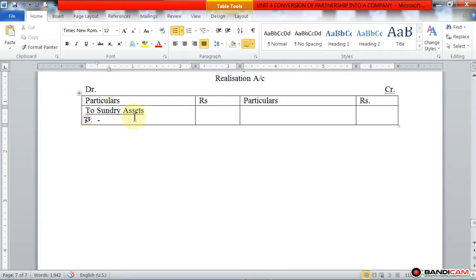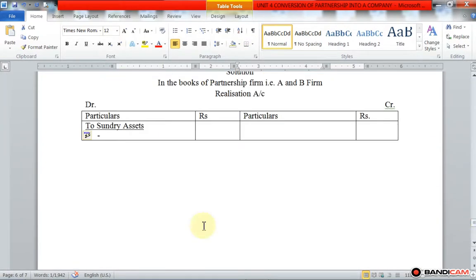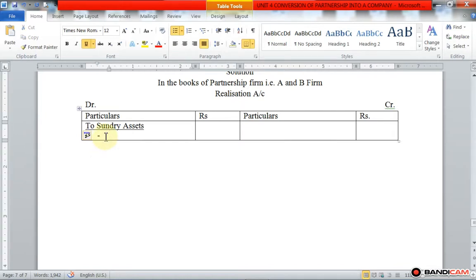Book value means the value which is given in the balance sheet. So the first asset given in the balance sheet is goodwill, rupees 8,000. We transfer the assets to the realization account at book value.